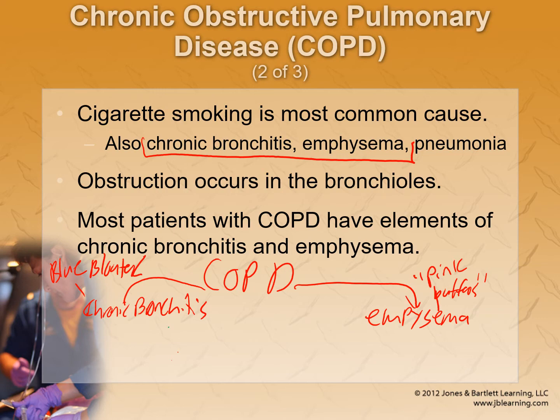So your chronic emphysema types who don't have that naturally will essentially try to CPAP themselves by pursing their lips and breathing out through pursed lips, which increases the pressure in their airway, and they can get a little more play in their alveolar membrane. So that's where you get the pink puffers. Don't get hypoxic quite like the chronic bronchitis blue bloaters do, and puff when they breathe in an effort to CPAP themselves.